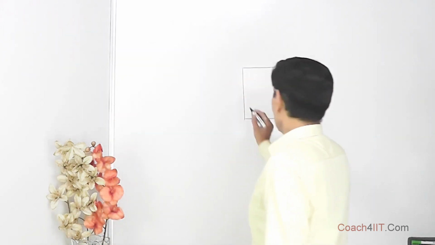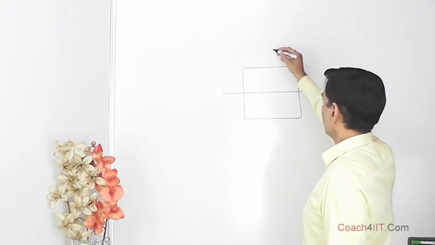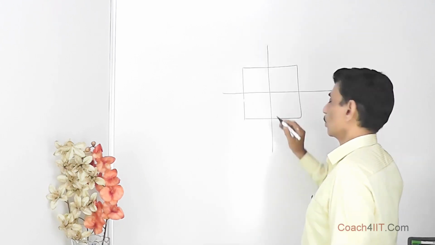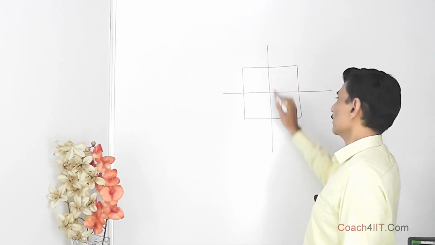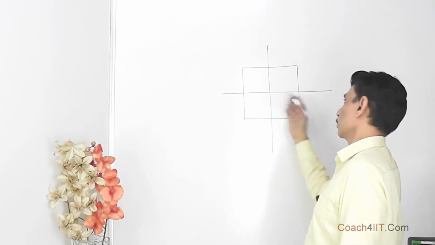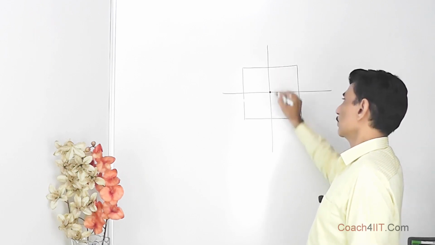So if this is symmetrical about this axis, the center of mass will lie over here. Similarly, it is also symmetrical about this axis, so the center of mass will lie on the intersection of these two axes. If we get two axes of symmetry, that is wonderful. The center of mass is going to lie on the intersection of these two axes of symmetry.